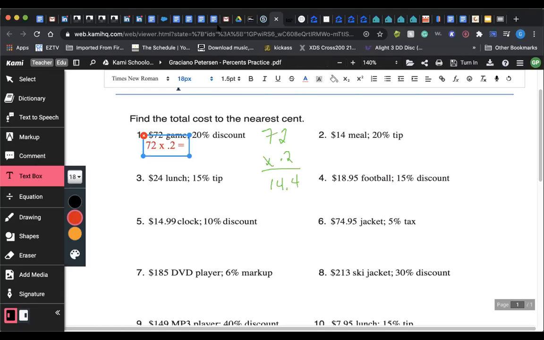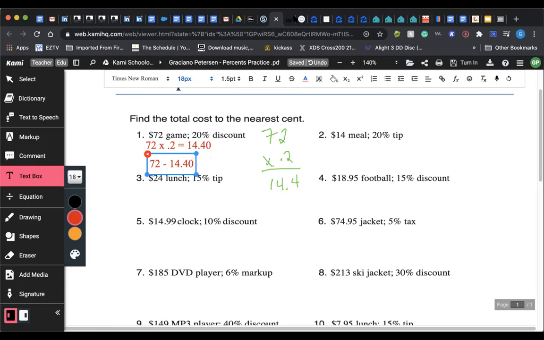What do you do with the discount? You just basically have to subtract it. Okay, good. So I'm going to take that 1440 and subtract it from the $72.